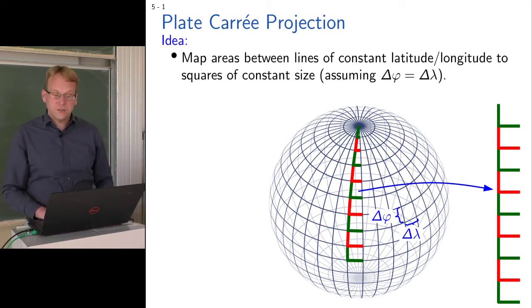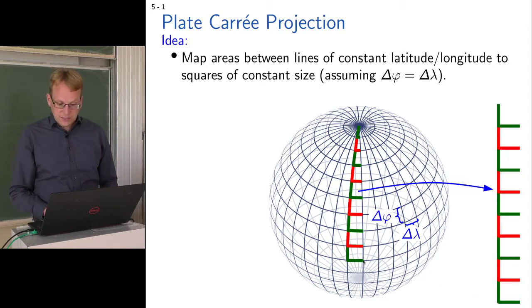What you can do first of all is look at one of these columns, between these two adjacent meridians, and then you have these surface elements displayed in green and red. And what we do then with this Plate-Carré projection is that simply each of these surface elements is displayed as a square in the map.